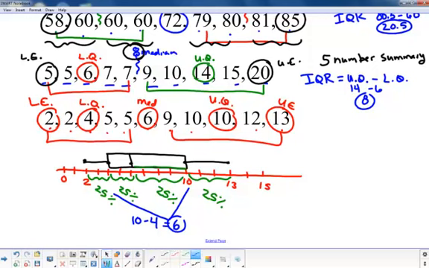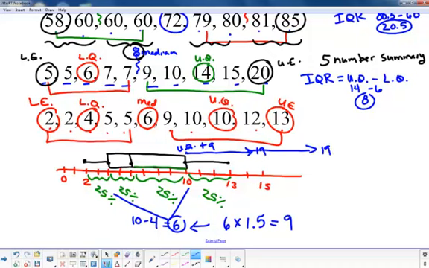So since our interquartile range is 6, 6 times 1.5 is 9. I'm going to take that 9 and add it to my upper quartile, and I get 19, which is even farther up here. I'm going to subtract it from my lower quartile.